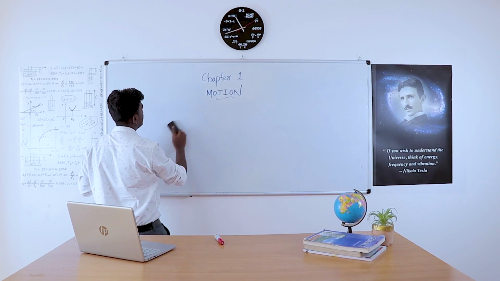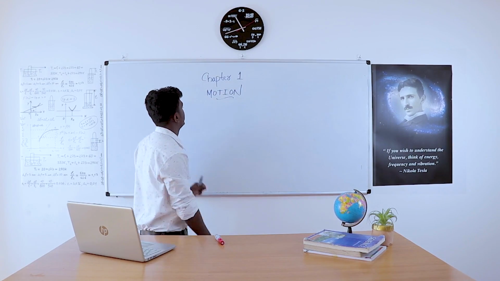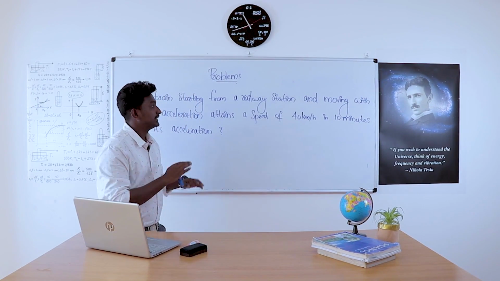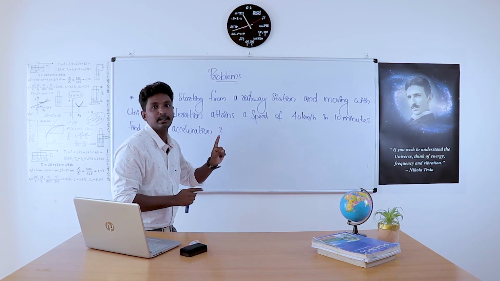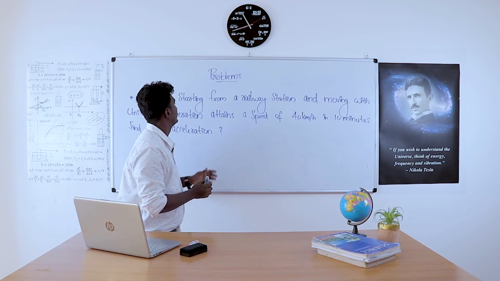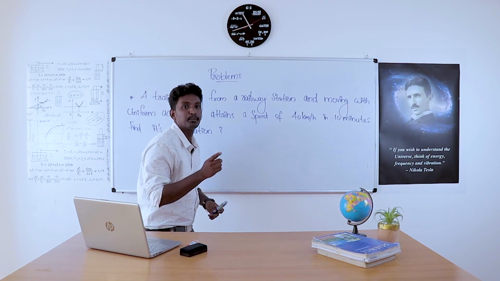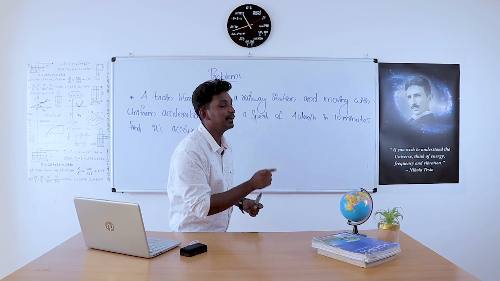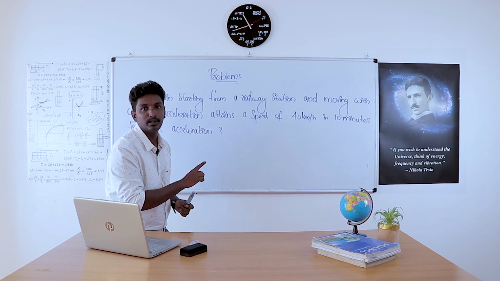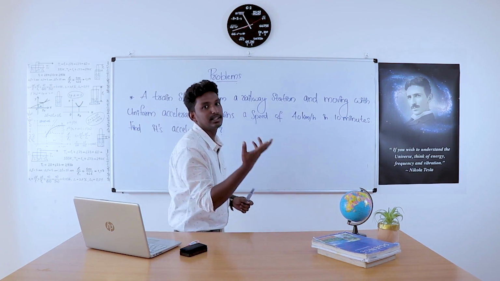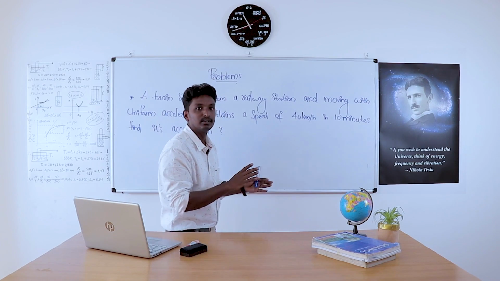Then the next section is our problem section. Now we have completed the theoretical portions of the first chapter, motion, and we are going to explain a problem in this chapter. I'm explaining only one problem, then the remaining we can explain in the last section after all our chapters are completed.